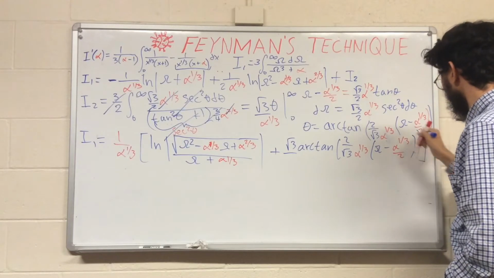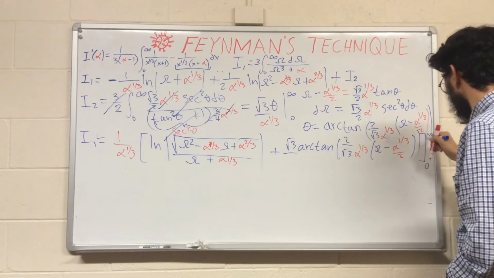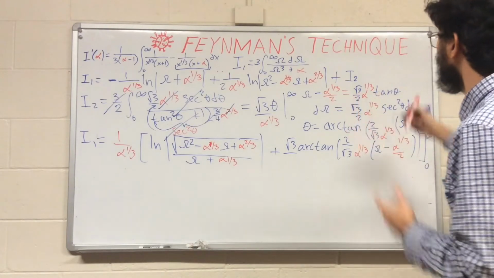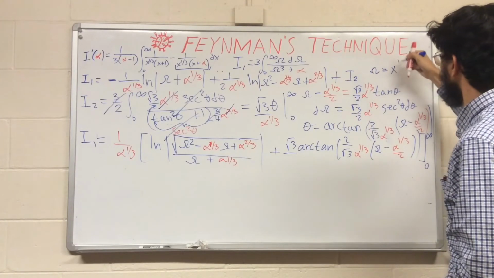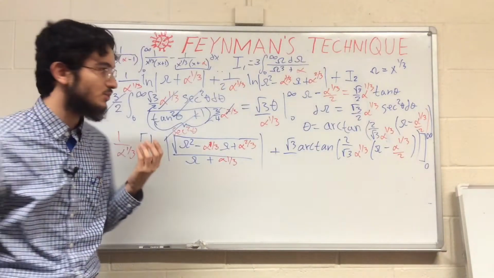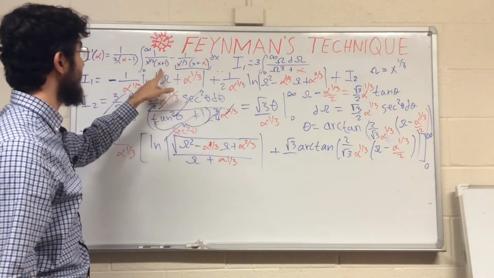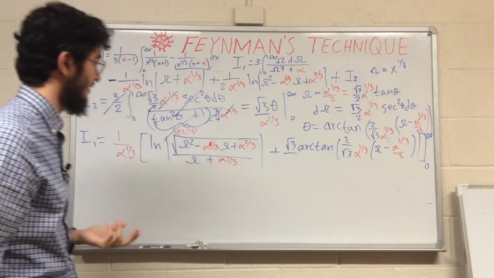So in that case, we can take the limits from 0 to infinity. It does not matter, because remember that we made the substitution that omega was going to be x to the 1/3. If the original limits were from 0 to infinity for the function evaluated at x, then it's the same thing for omega, so it doesn't matter.